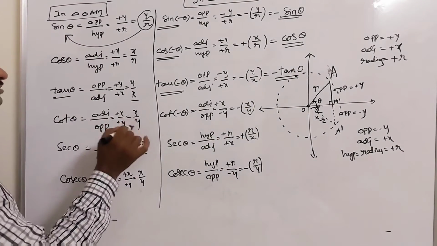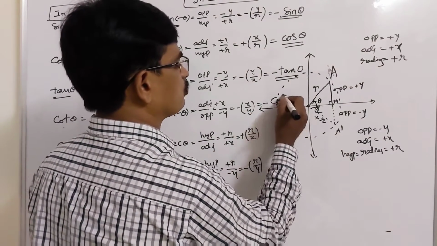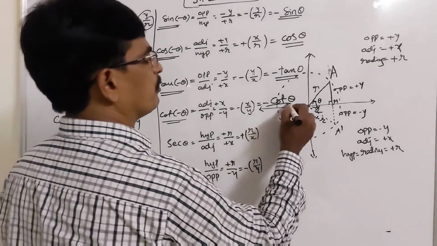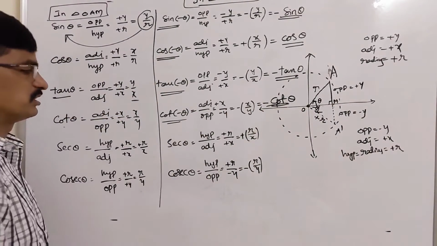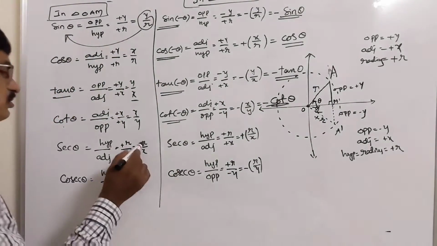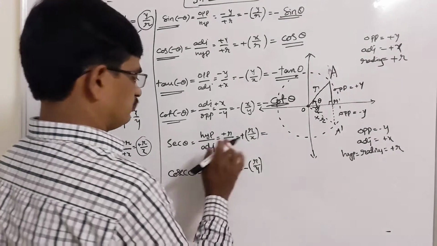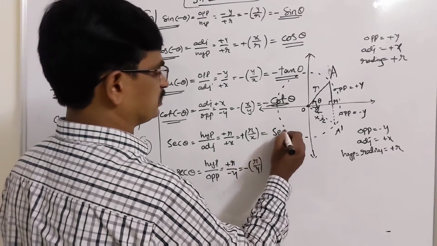But here x by y is what? Cot theta. That is, instead of x by y you write minus cot theta. That is, cot of minus theta is equal to minus cot theta. Then r by x. So here r by x is equal to secant theta. That is plus r by x, no need to write plus again. So simply you can write secant theta.